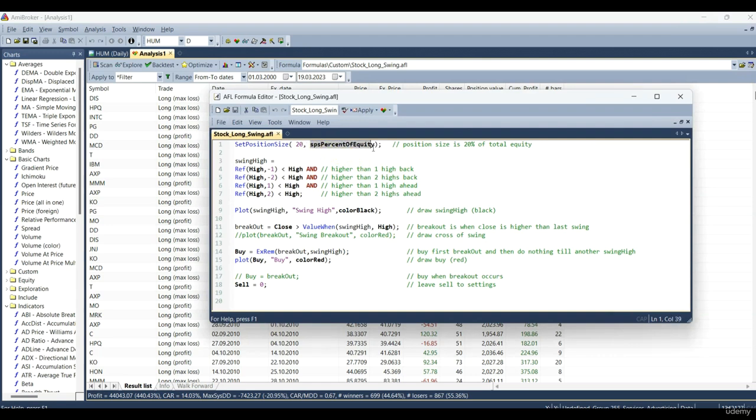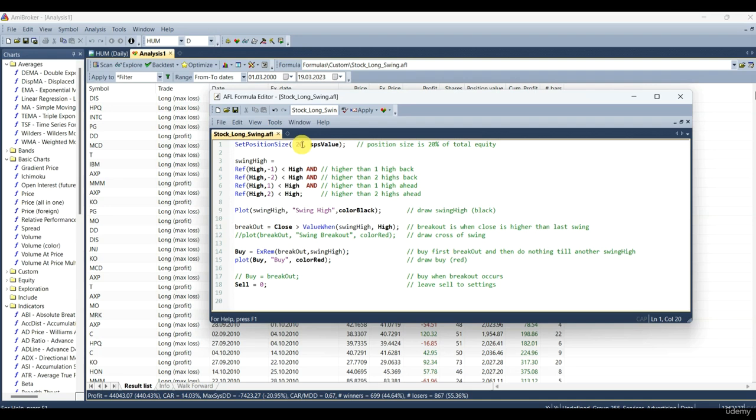I just delete this SP as percent of equity. I can start typing and it offers me percent of equity, percent of position, number of shares, and what I'm looking for is SPS value, and this is dollar value for which the backtest buys the stocks.